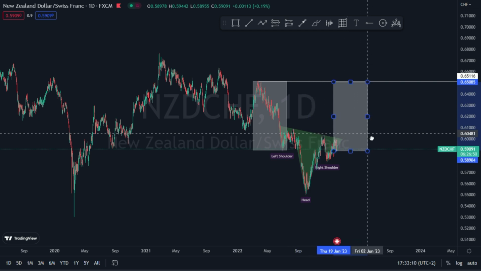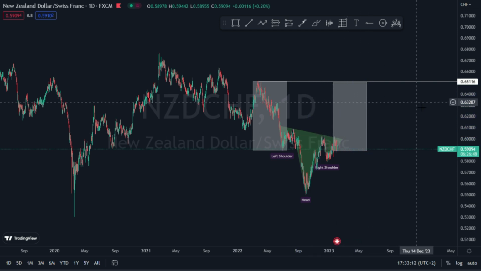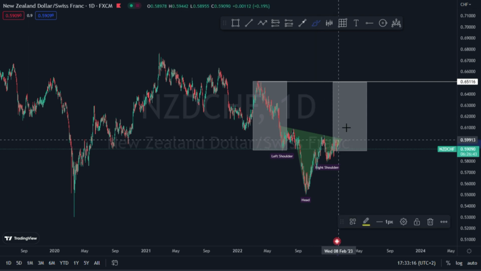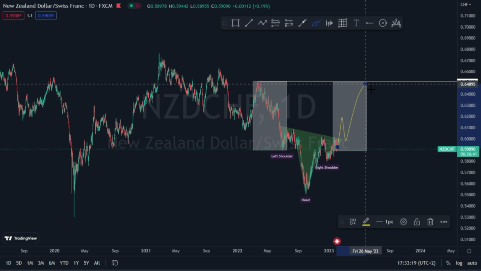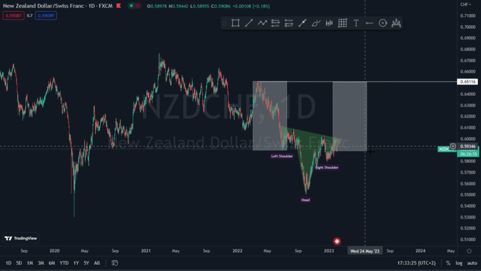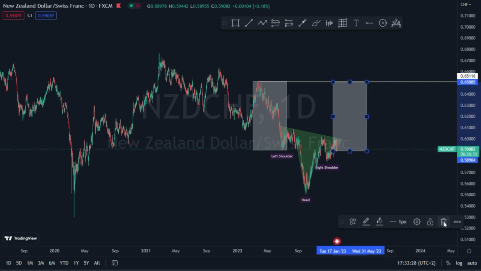So the market still has that responsibility to fill that gap. But let me show you quickly how I'm gonna go about entering this.